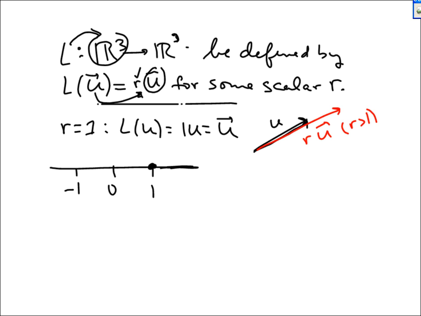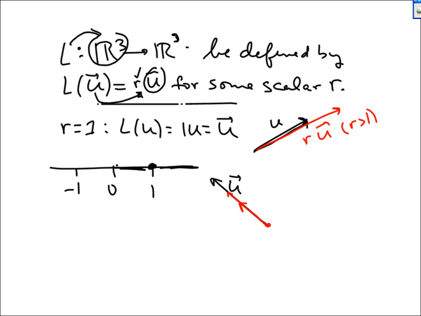Well, what if R is positive but less than 1? What if R is between 0 and 1? If this happens to be the vector U, then R times U would just be not as long. Maybe it would just be that portion. If R is a half, then it's half as long. If R is 3/4, it would be 3/4 as long.